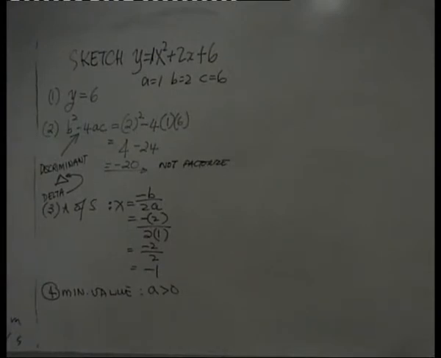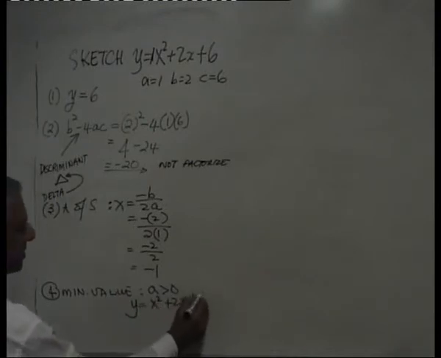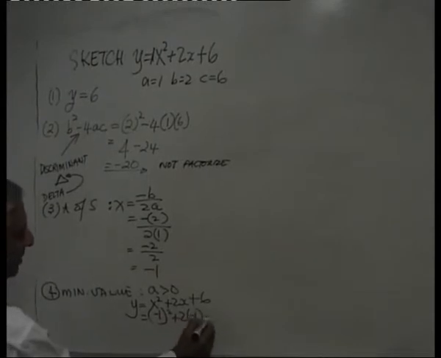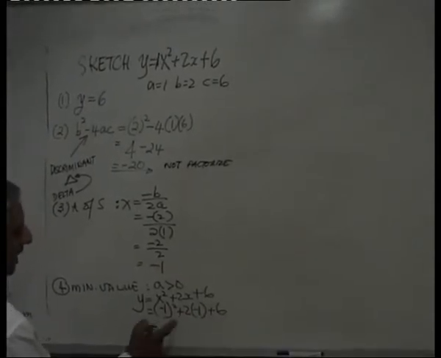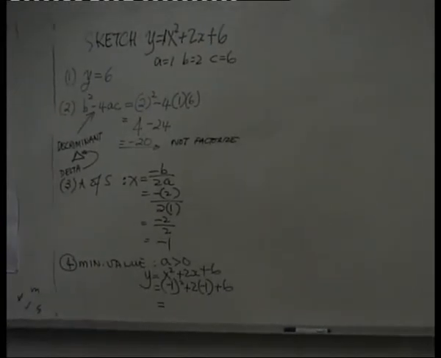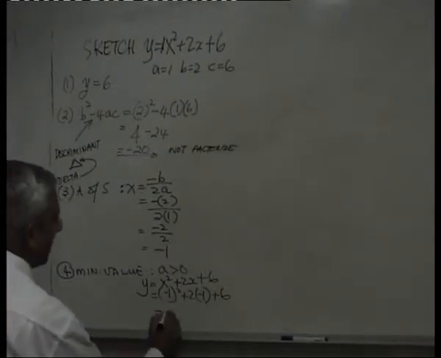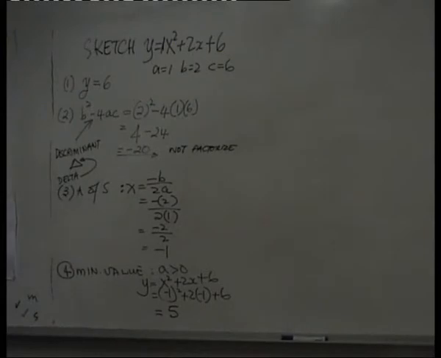Now substitute into y is equal to x squared plus 2x plus 6: minus 1 squared plus 2 times minus 1 plus 6. Put that into your calculator, and you will get the answer 5.